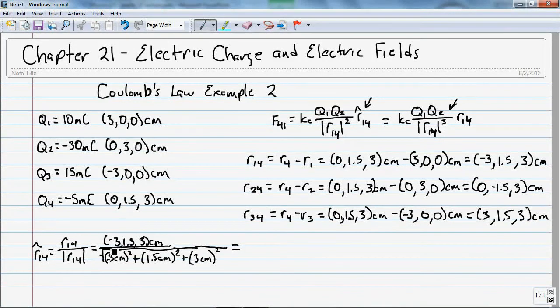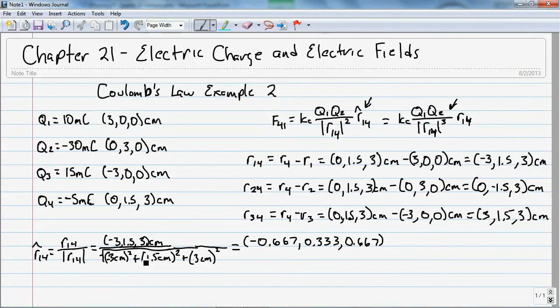Now my unit vector for R14 is going to be equal to minus 0.667, 0.333, and 0.667.